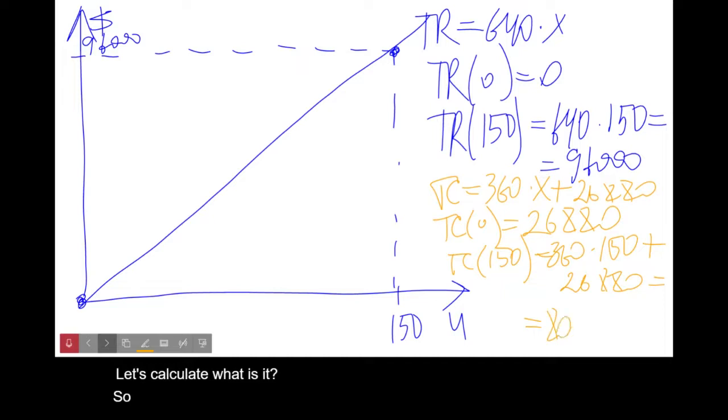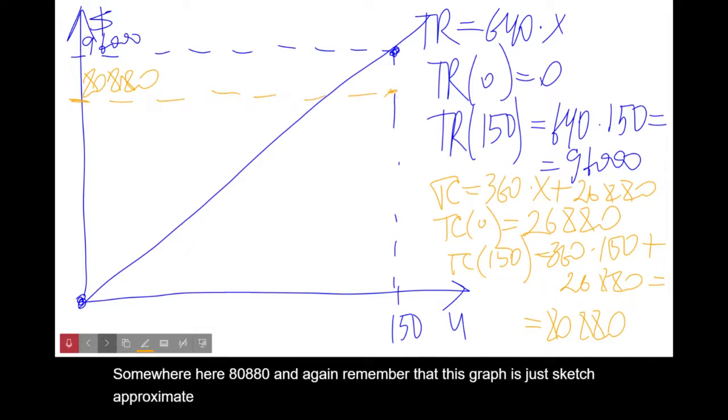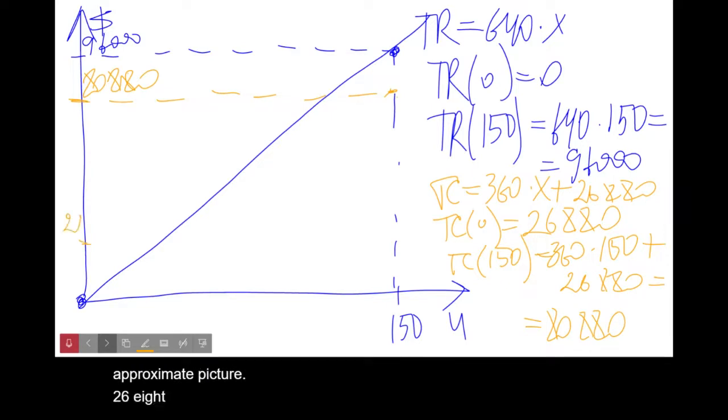So it's $80,880. Somewhere here, 80,880. And again, remember that this graph is just a sketch, an approximate picture. 26,880 here.